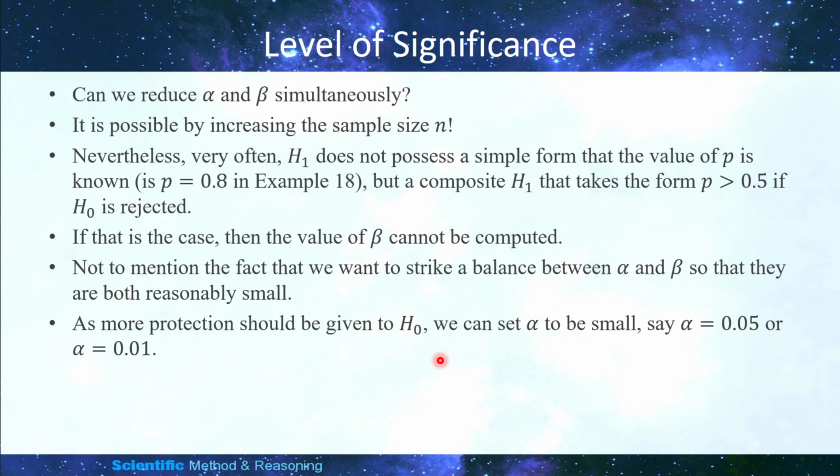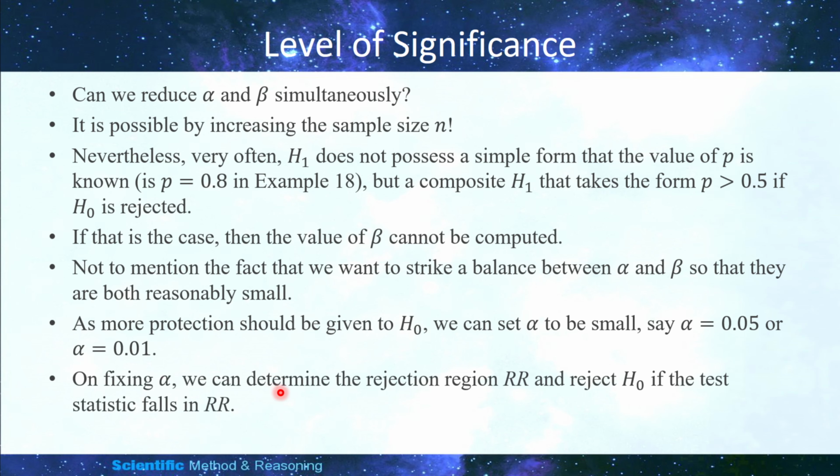To establish a new theory, we need to have sufficient evidence. Sufficient evidence means a small p-value. Therefore, we need to set alpha, the level of significance, to be small. And very often we set alpha to be 0.05 or 0.01 in general.